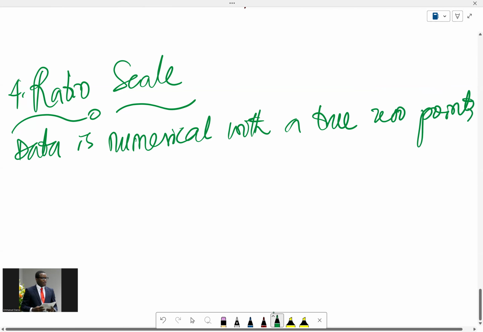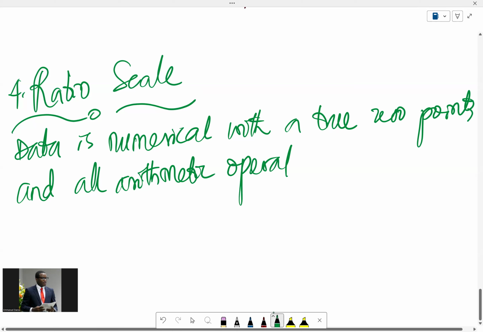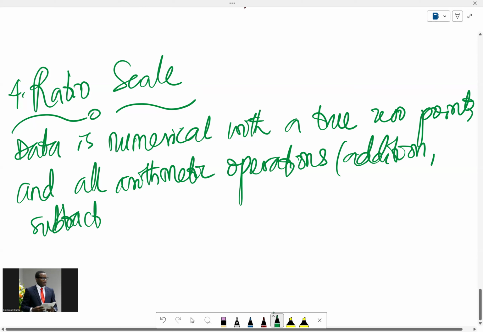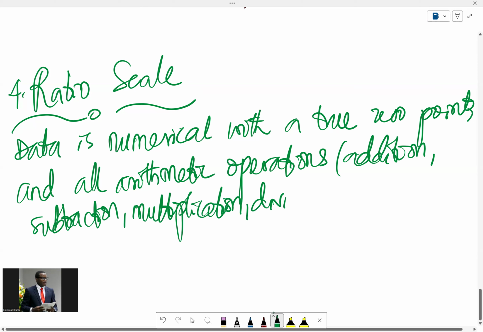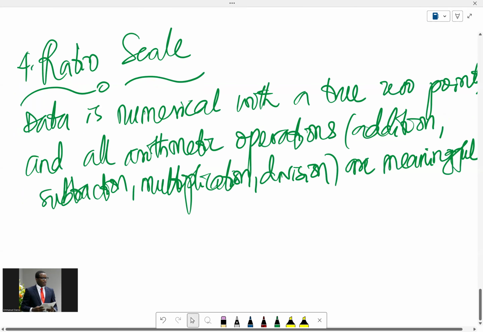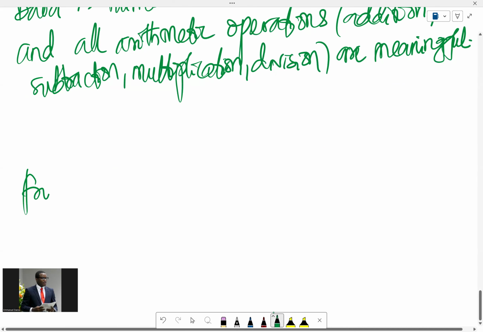And all arithmetic operations of addition, subtraction, multiplication, division are meaningful. So here you can do all the maths, all the arithmetic. They are really meaningful with ratio scale. Now, what are the properties of ratio scale?